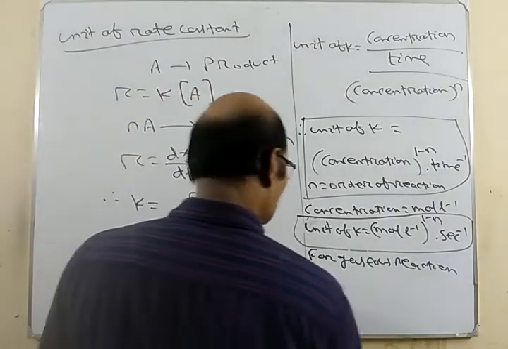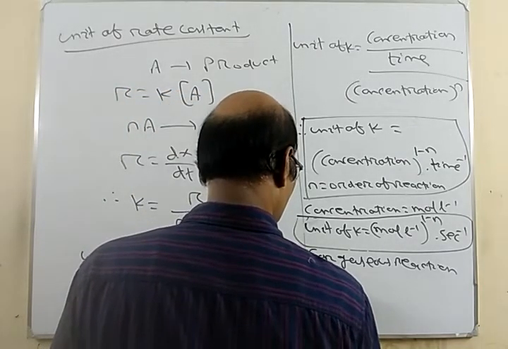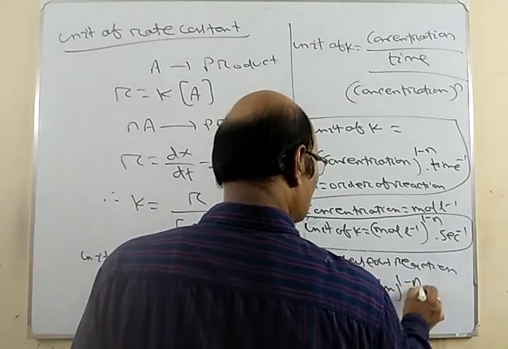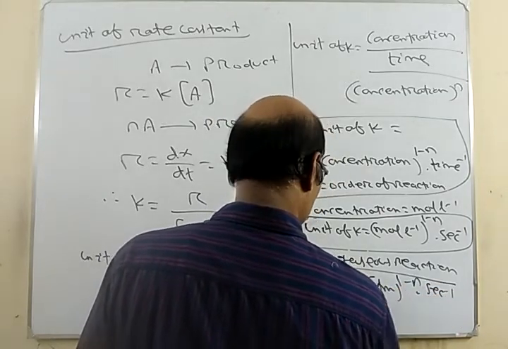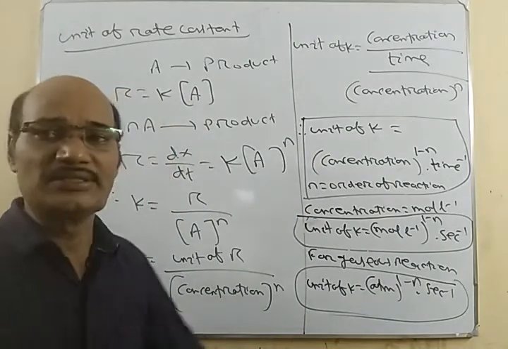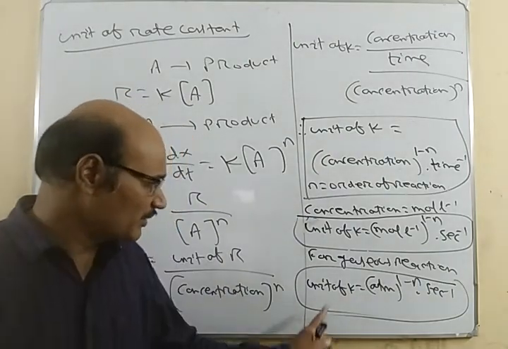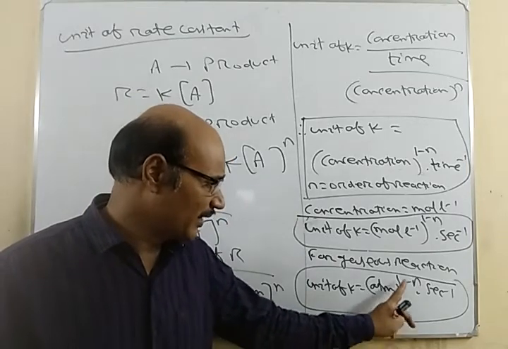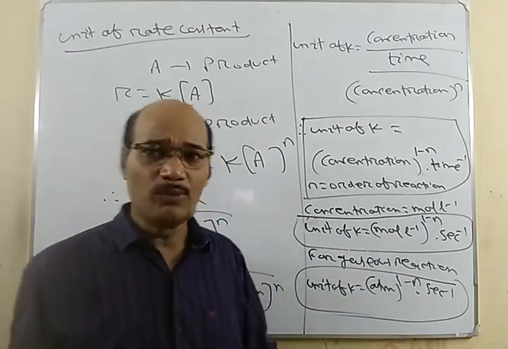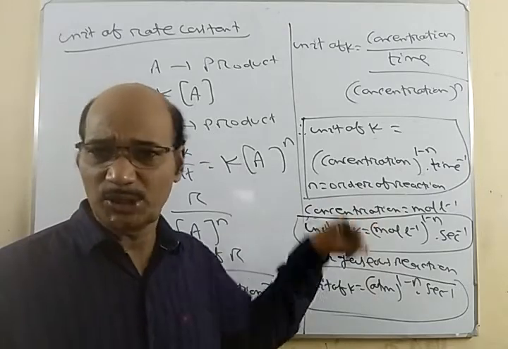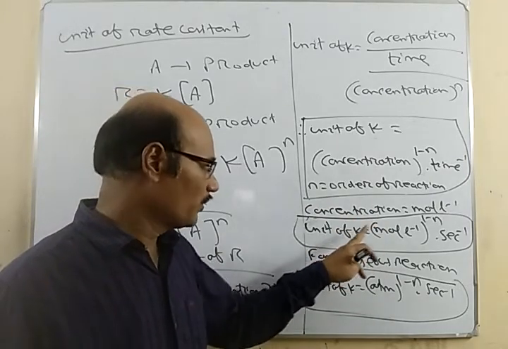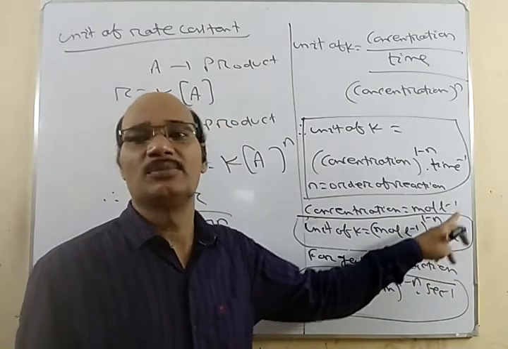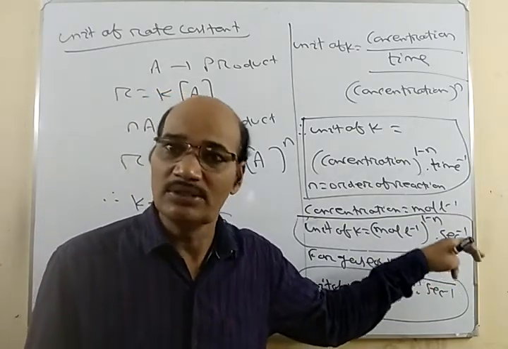So here the unit of K is equal to atmosphere to the power 1 minus n into second inverse. And when we have molar concentration, the unit of K is mole per liter to the power 1 minus n into second inverse, where n is the order of the reaction.